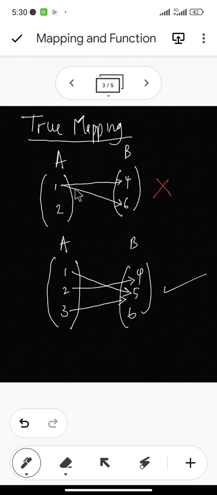So the difference between this is that the elements in the domain cannot have two images. You understand? But the elements in the codomain can have as many elements from the domain as possible. Understand?